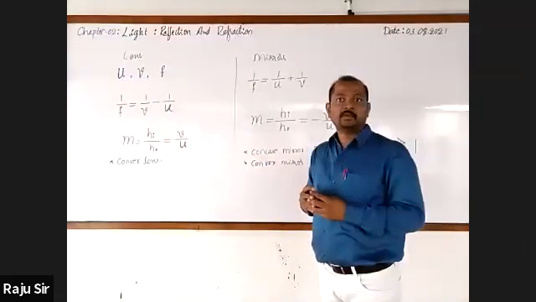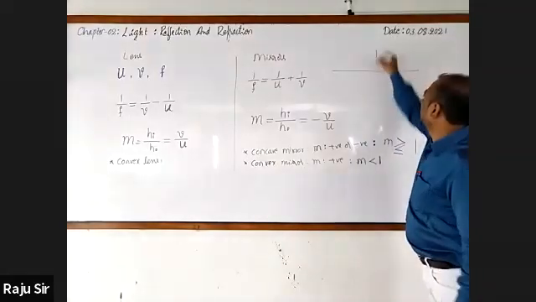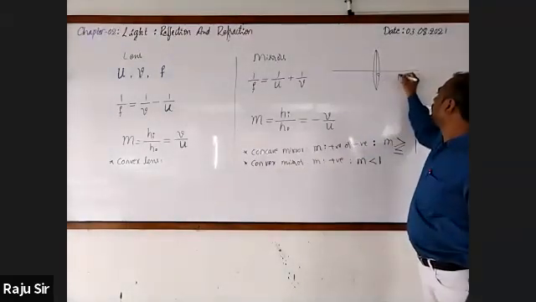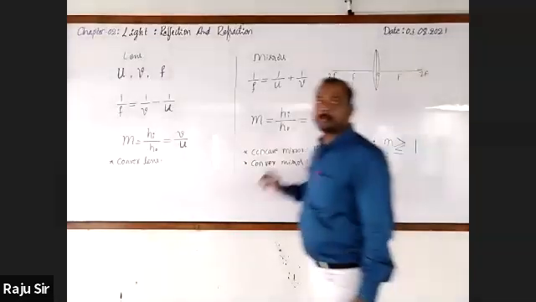Both positive and negative. Consider the focal length, or principal focus, and two times the focal length, 2f, on both sides.